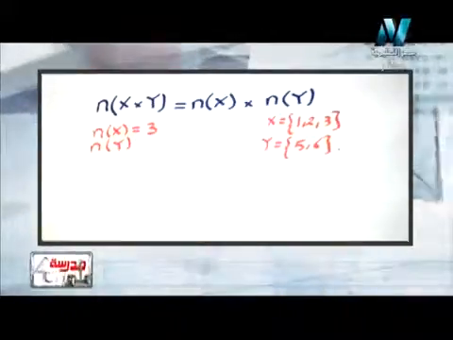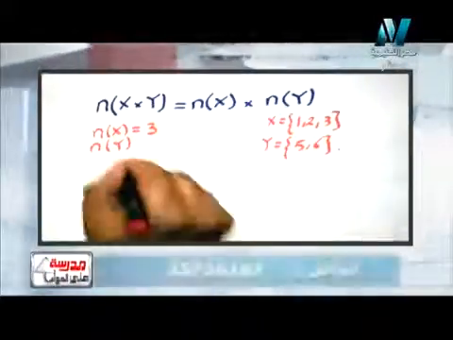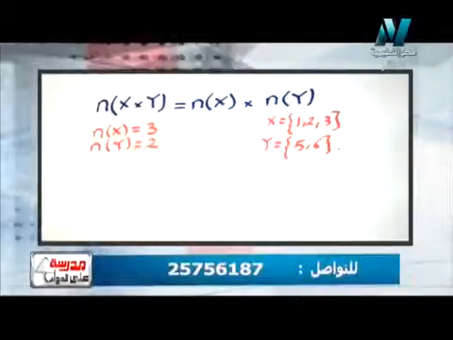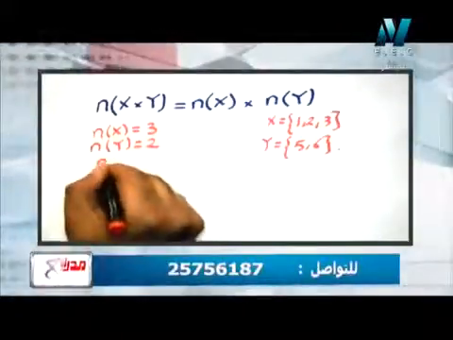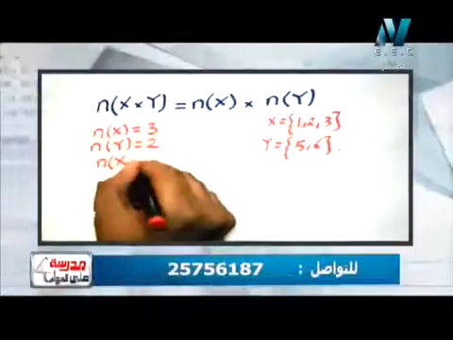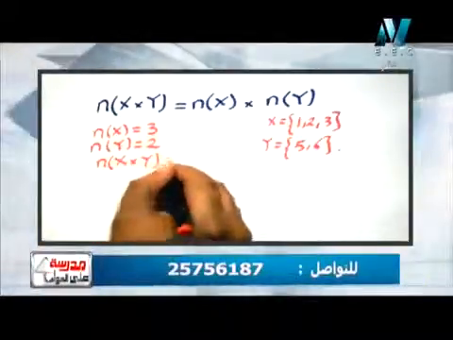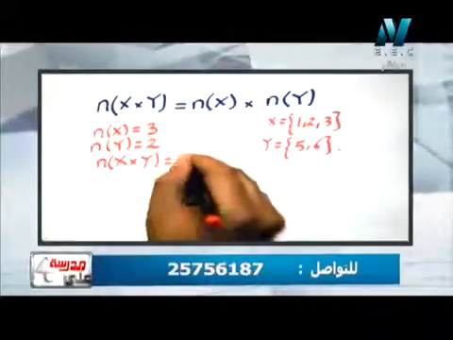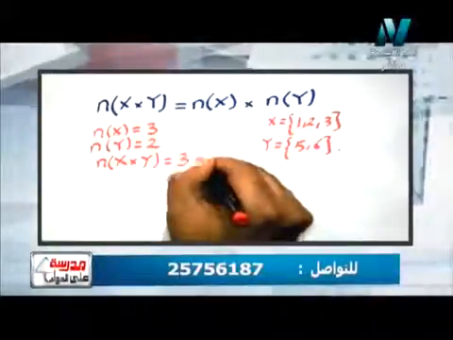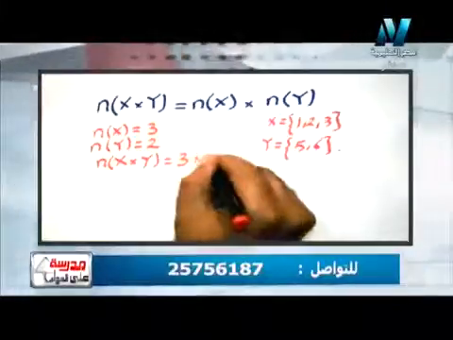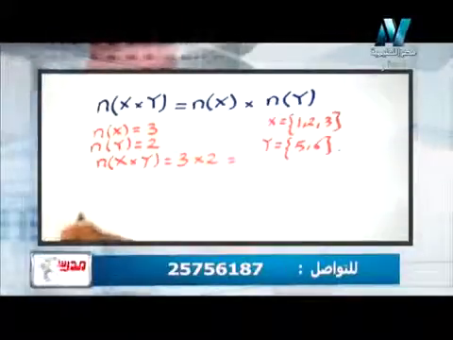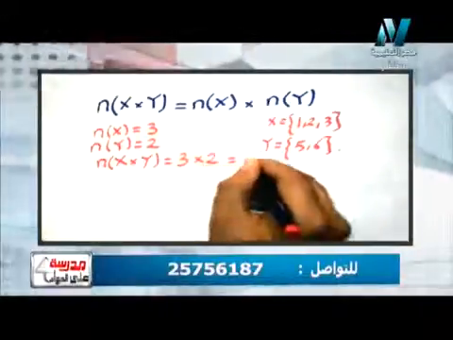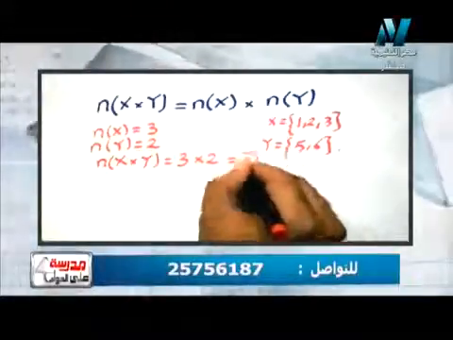Only 2 elements, 5 and 6, so it equals 2. To find the number of elements of x product y, we multiply the number of elements of x, which is 3, by the number of elements of y, which is 2. Finally, 3 times 2 equals 6 elements.